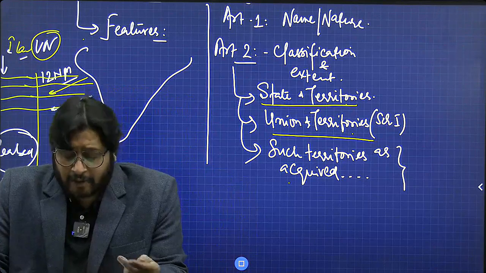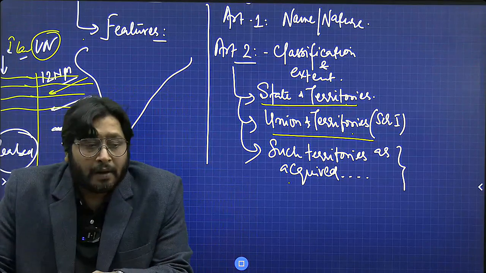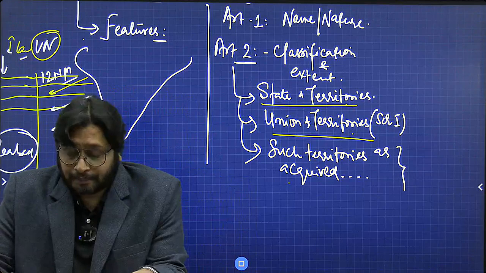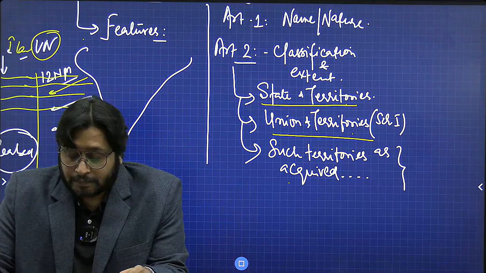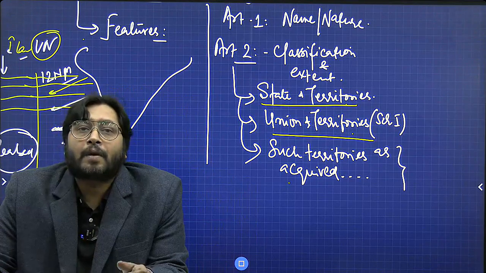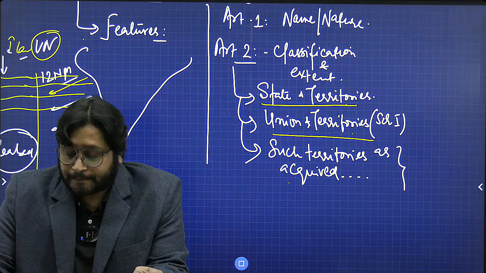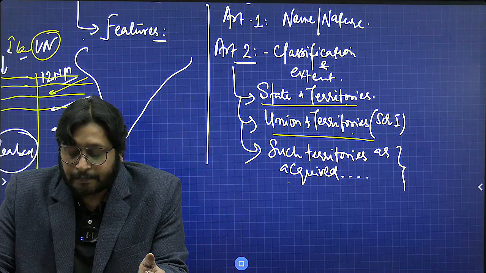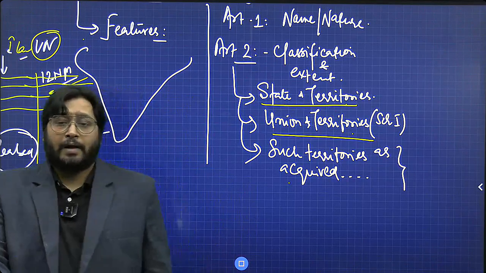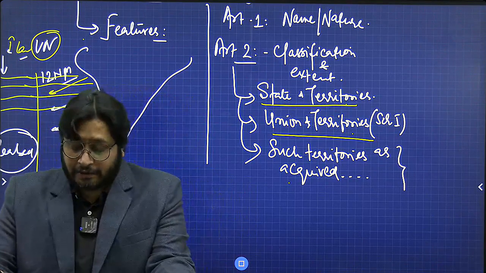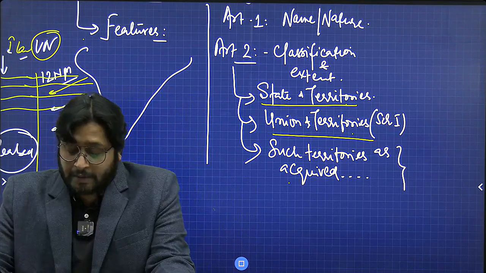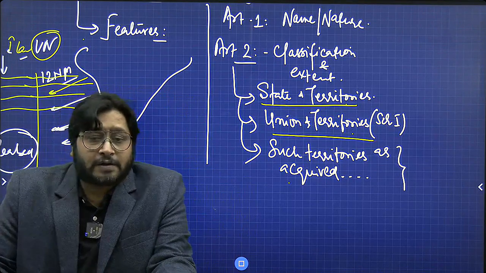So you write one or few things, okay? Right. Article 1 defines India as union of states, and the states and the territories are specified in the first schedule.